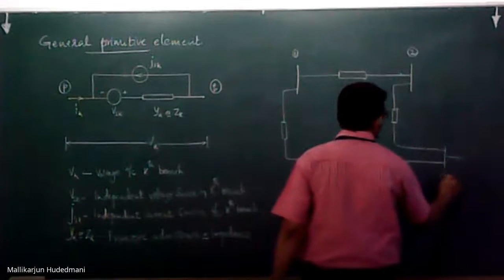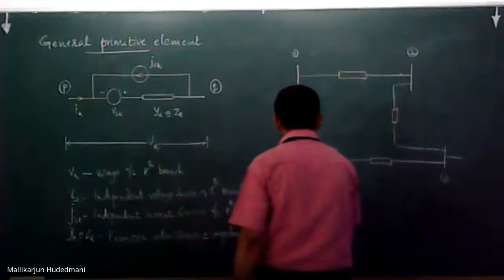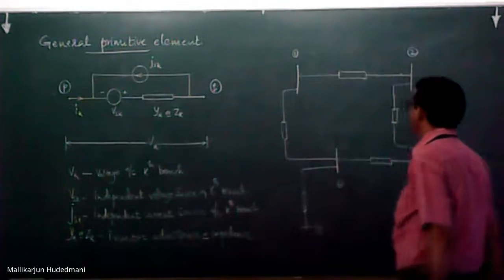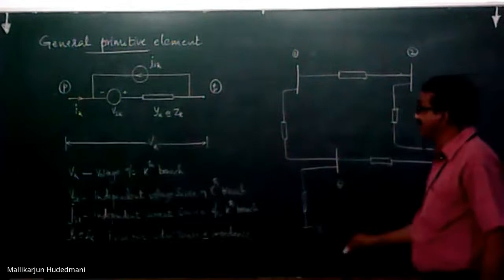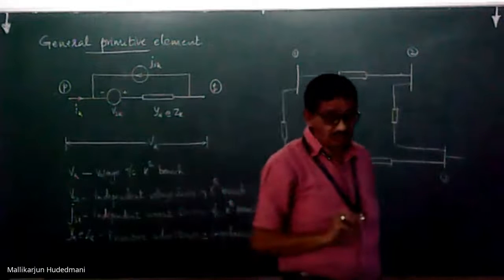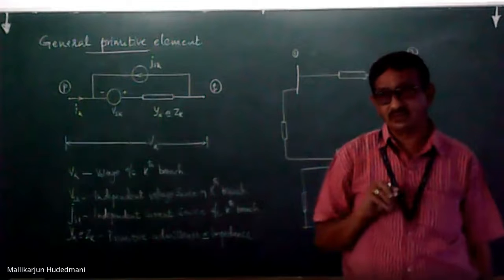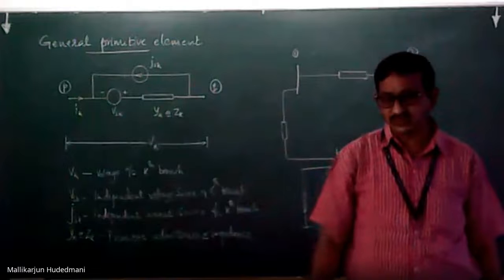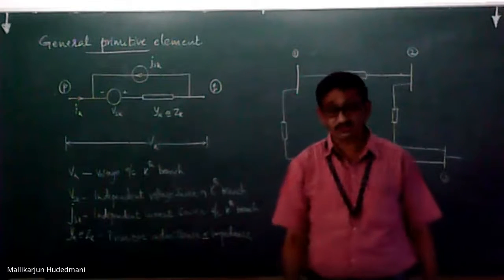This may be 3, this may be 4, and I may have an element going like this, 5. Anything like this, a system. I don't know what next it is. My focus is the general primitive element. What do you mean by general primitive element? A transmission line is connected by a conducting material. We all very clearly know it possesses resistance, and it possesses reactance, because we are using DC transmission, AC transmission; it must possess reactance, the inductance part of the winding.